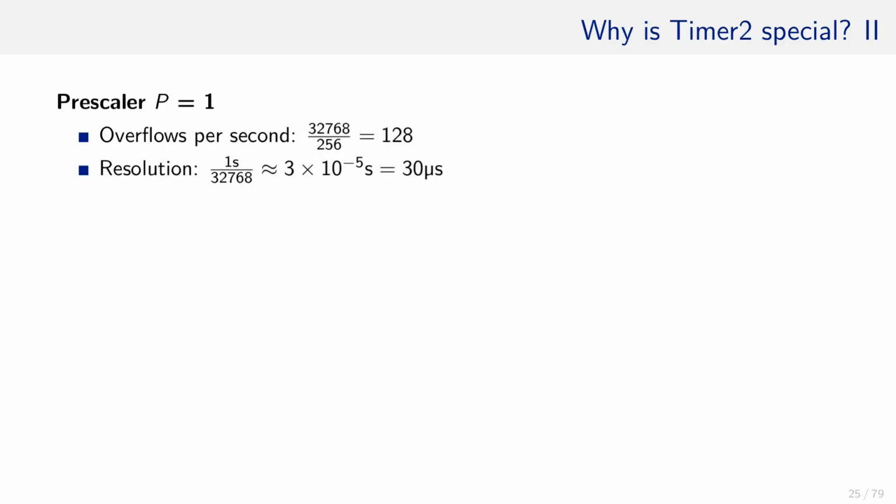Since timer 2 has an 8-bit counter, the TCNT2 register needs to overflow 32,768 divided by 256, which equals 128 times, to count for 1 second. That can be easily checked in software. Further, with this frequency, the resolution is approximately 30 microseconds between 2 consecutive increments.